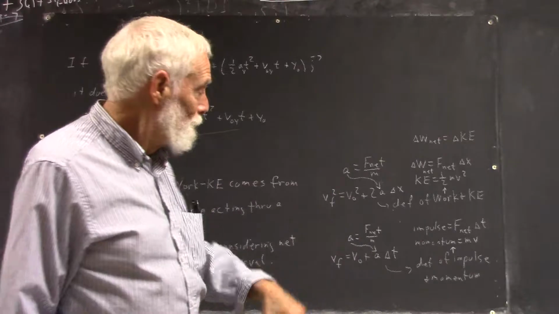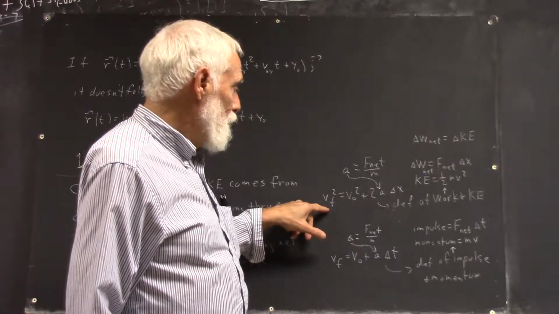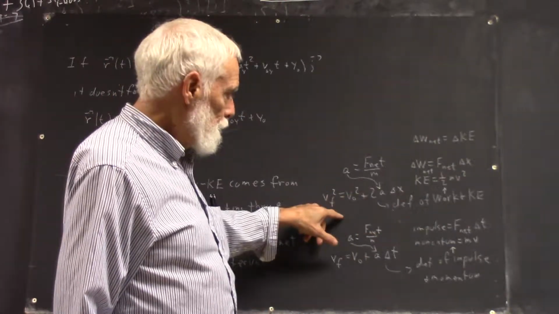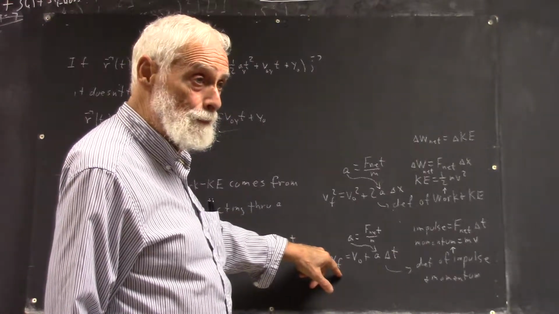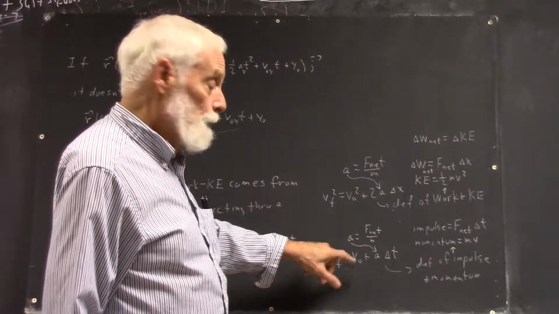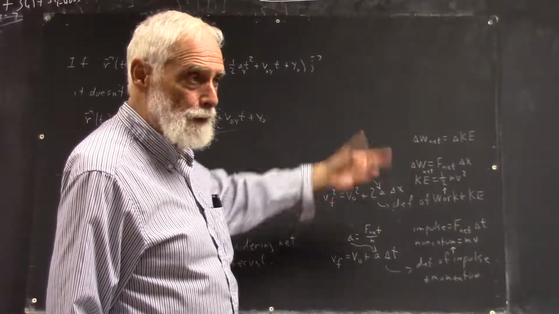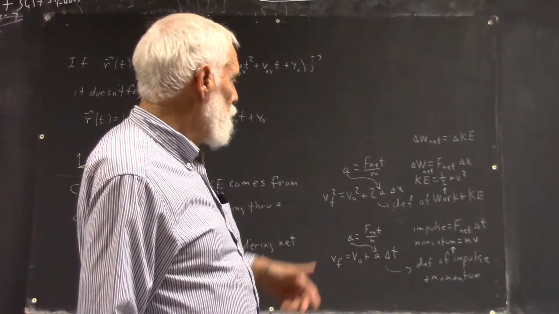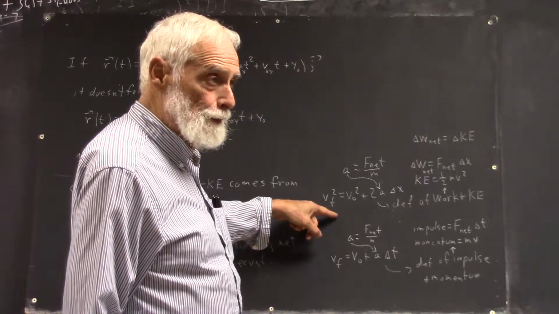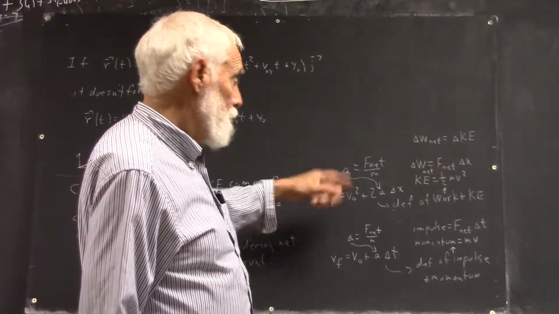One you should know. And this actually comes from two easily derived equations, one being this one that we use for momentum, and the other involving average velocity. You combine those, eliminate t, and you get this equation.